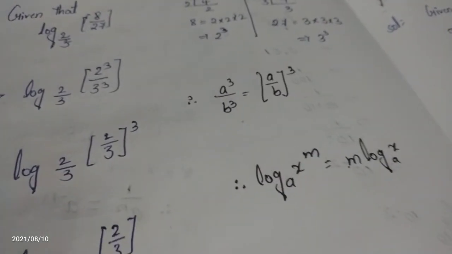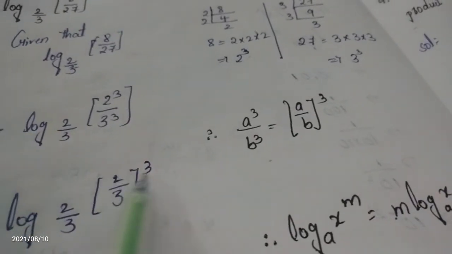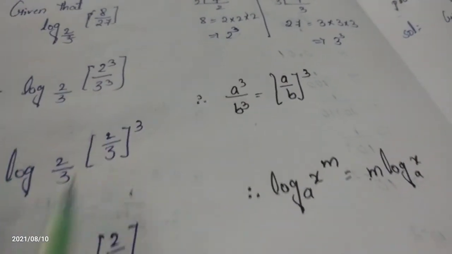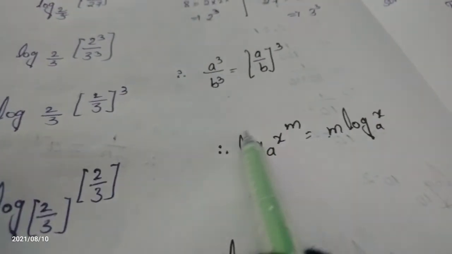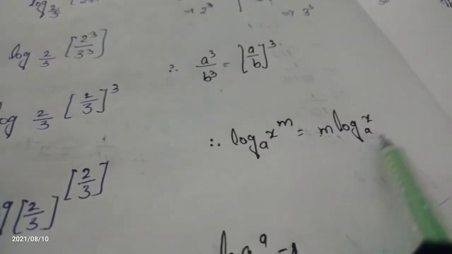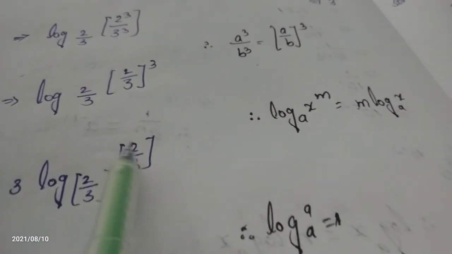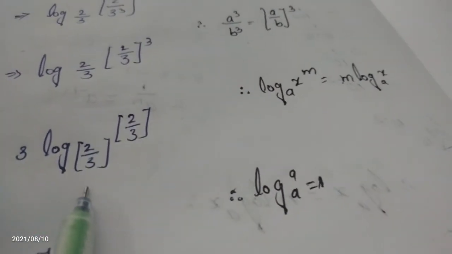What do we have to do in the next step? We take the 3 before the log, and the remaining terms should be as they are, meaning log 2 by 3 to the base 2 by 3.